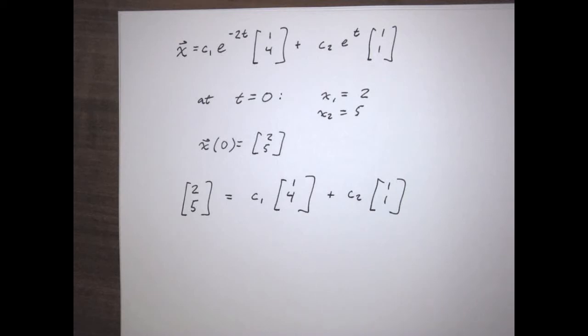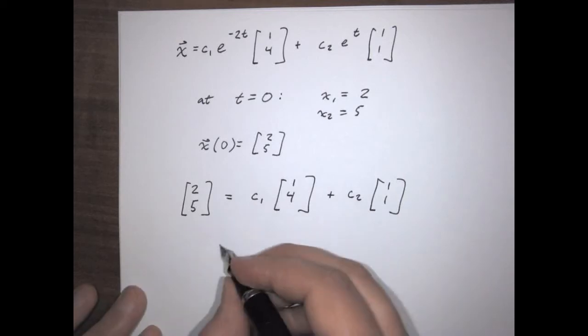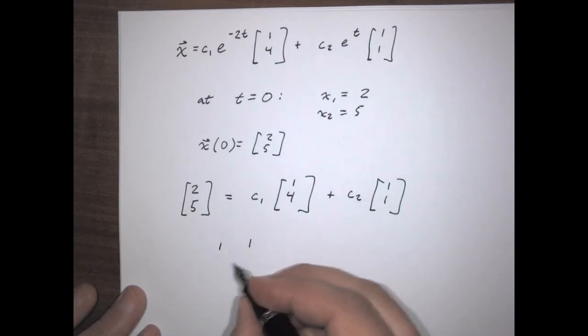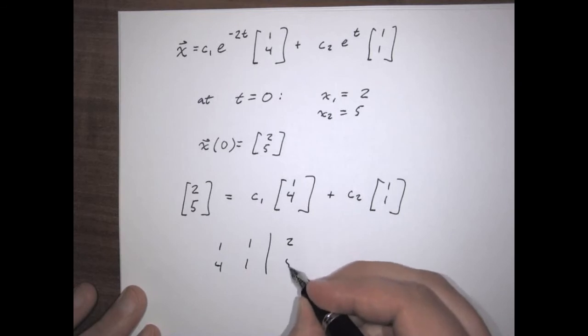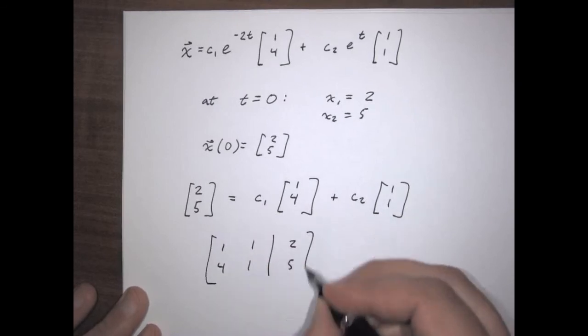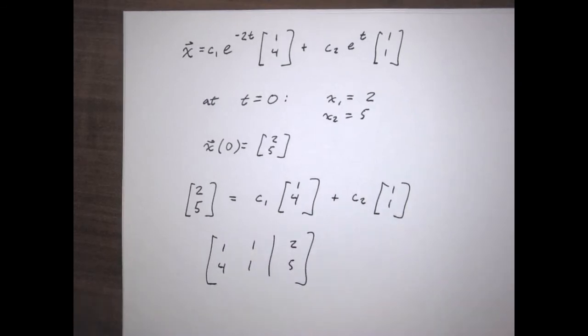You can solve this by any of the means that you know and love, such as setting it up as an augmented matrix and row reducing, and doing such things as that. So we could do this, or we could do any other means of solving this.